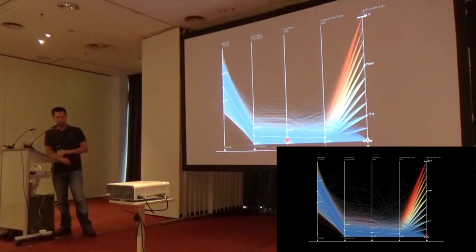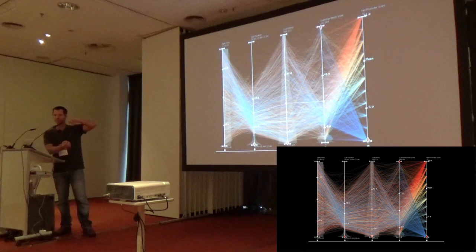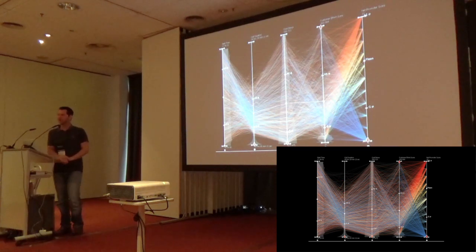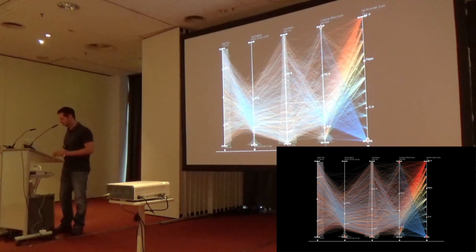So they can hit autocomplete and then auto scale if they want to, which means that the dimensional zooming will choose the first standard deviation and then scale all the polylines and the dimensions based on the first standard deviation. And that's inspired by the uneven distribution of the data.